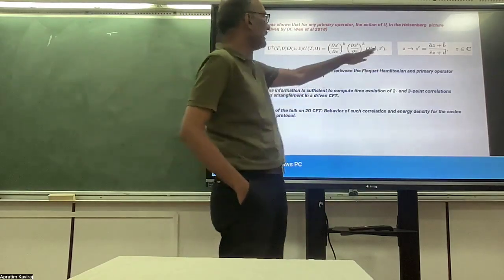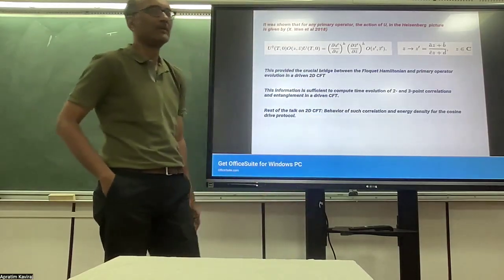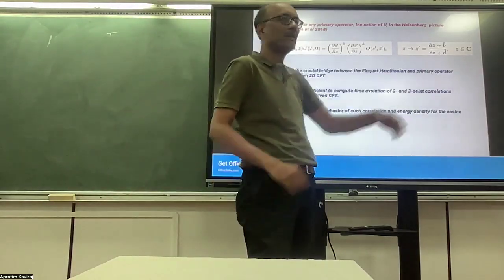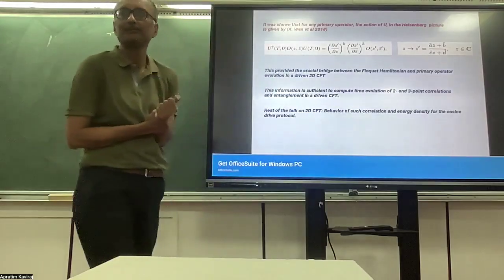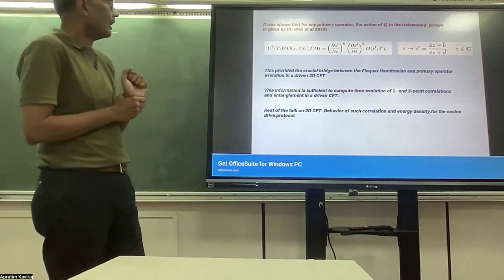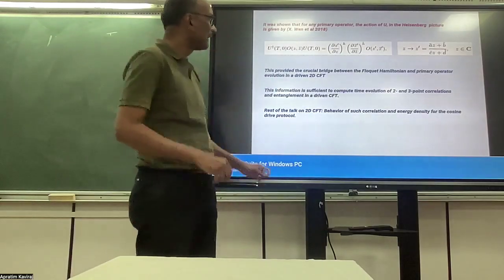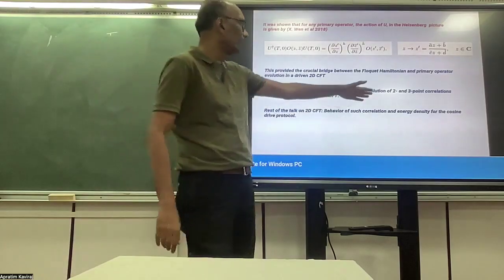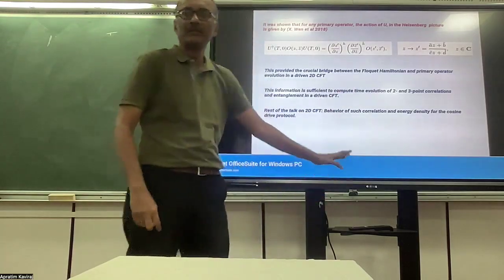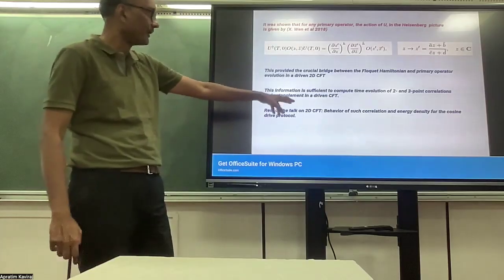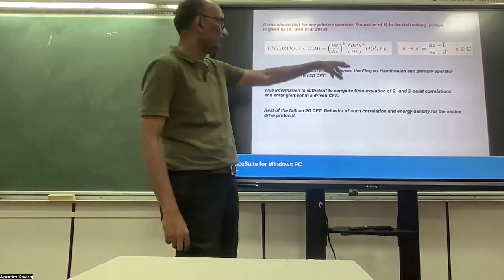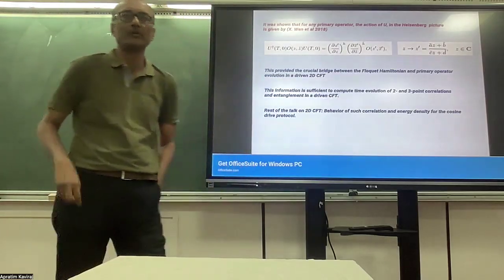And this ABCD essentially determines all the properties of the theory, and these coefficients carry the information about the drive. So this information is sufficient to compute any two and three point correlators of the driven CFT, and I'm going to show this for the kind of drive that I just showed.